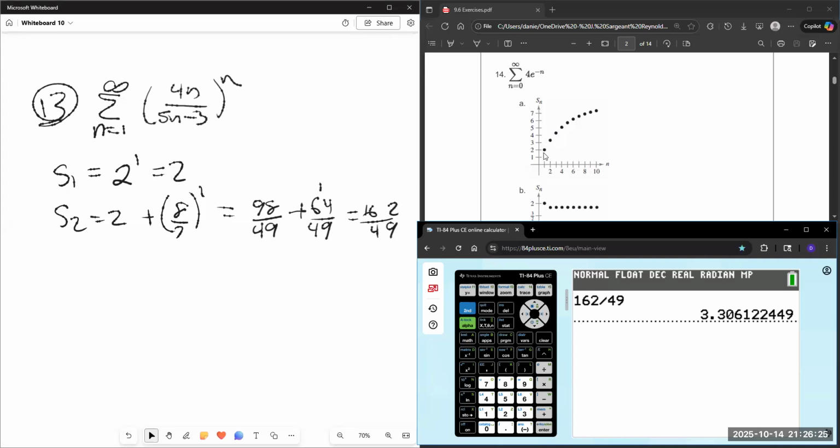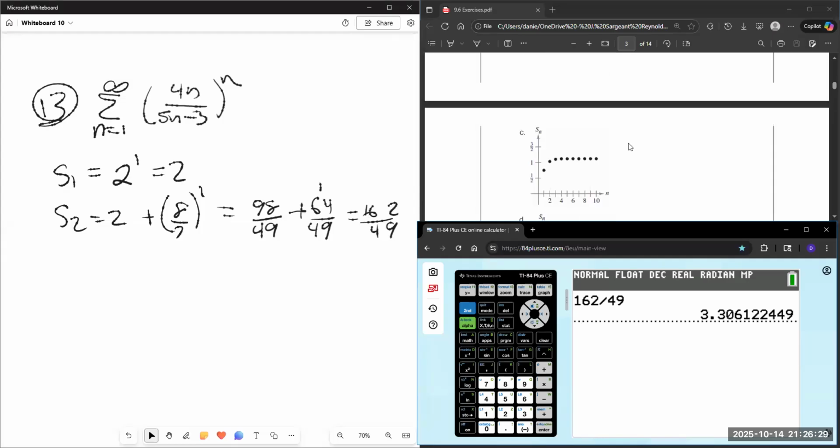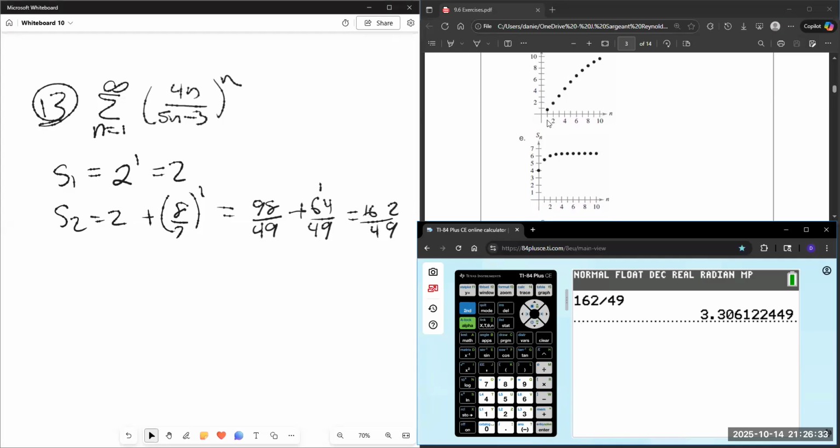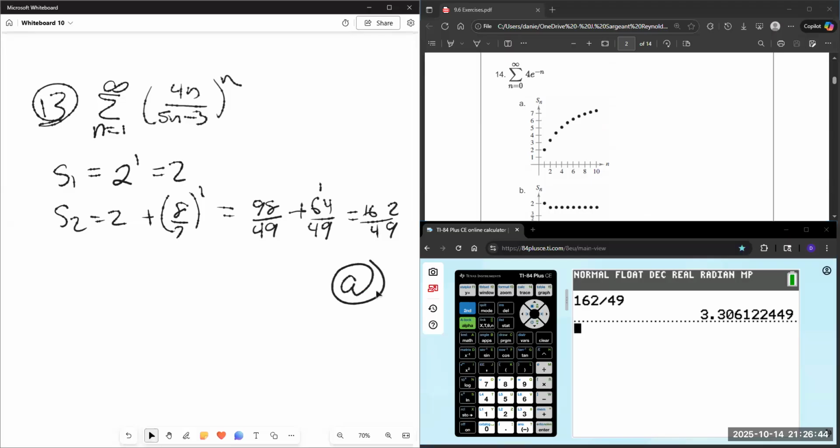This is growing, starting at 2 and going up. None of the other ones are going up that fast. They don't start at 2. This one doesn't start at 2. This one starts at 4. So the only one that this can possibly be here is A. I don't need to go very far to find out which one it is with matching. Let's go ahead and look at number 21.